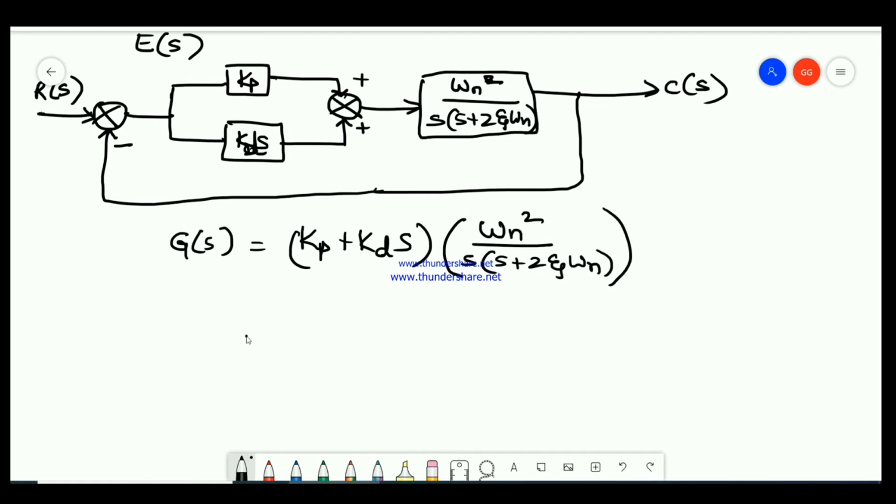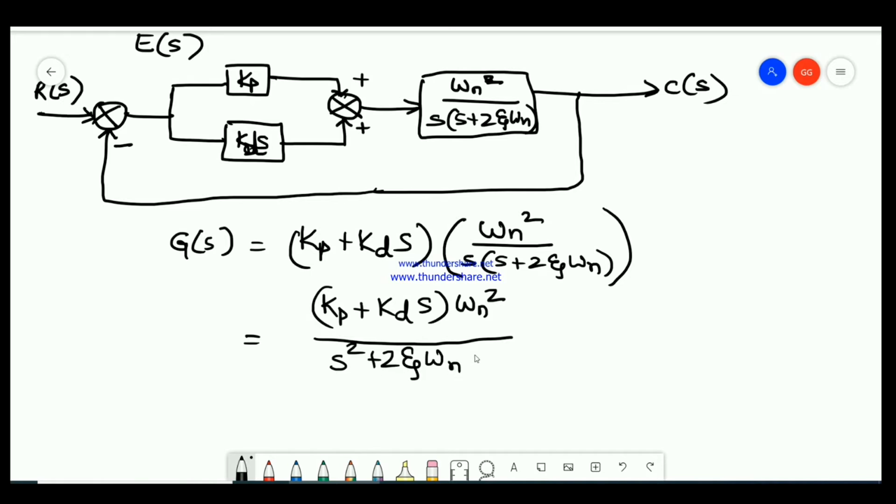So this would be equal to (Kp plus Kd s) into omega n square divided by s square plus 2 zeta omega n s.